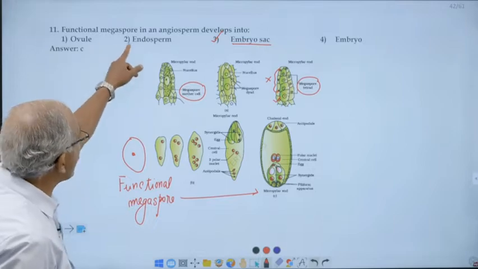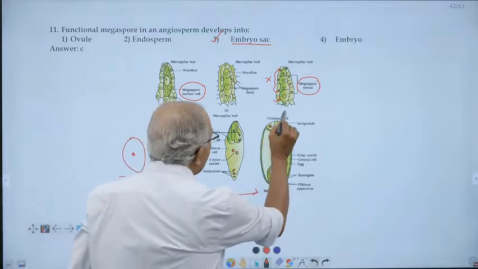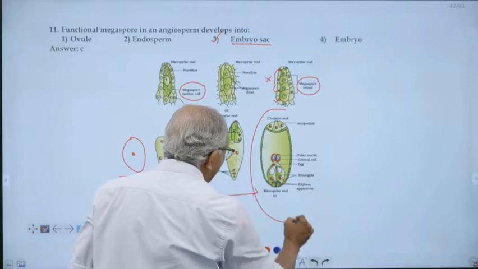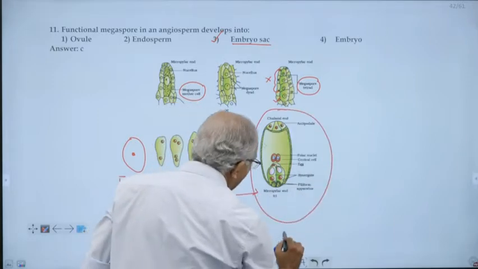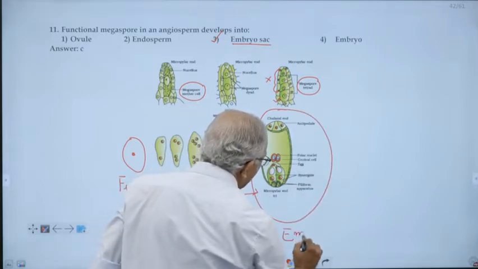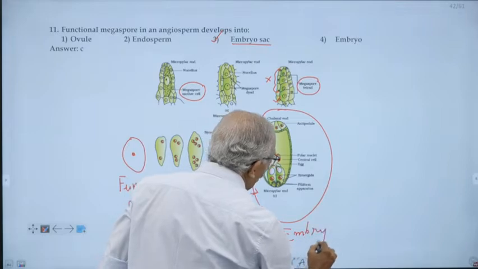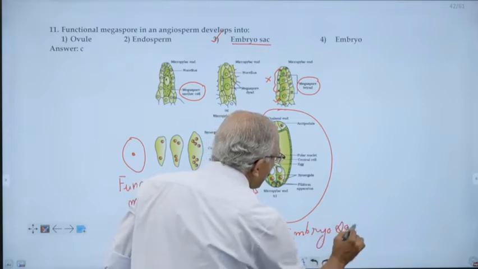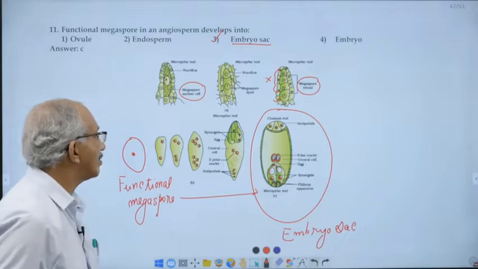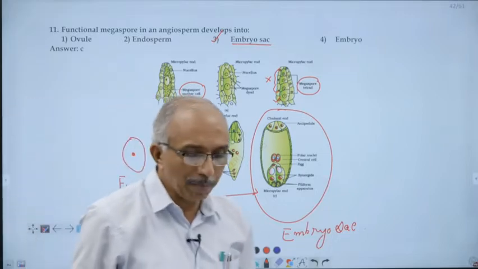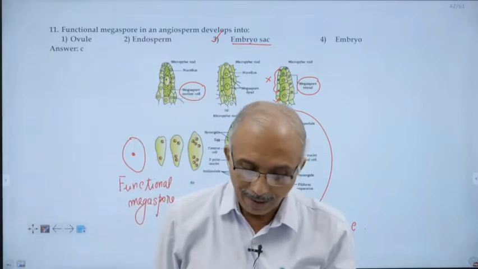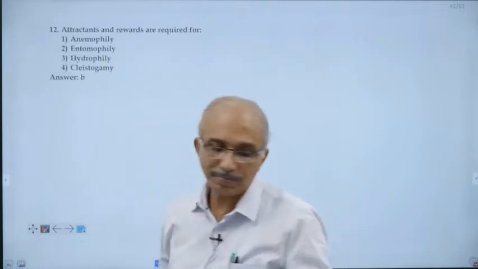This one is called the embryo sac. So the megaspore develops into the embryo sac. Then, next question.